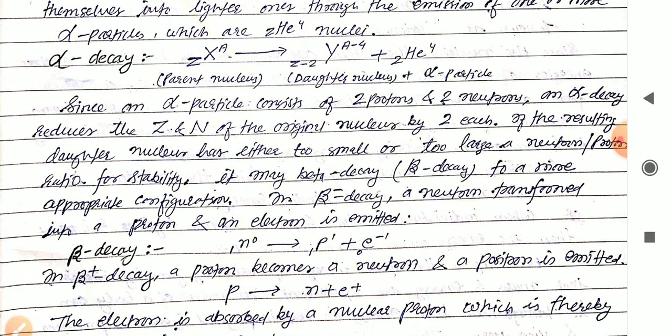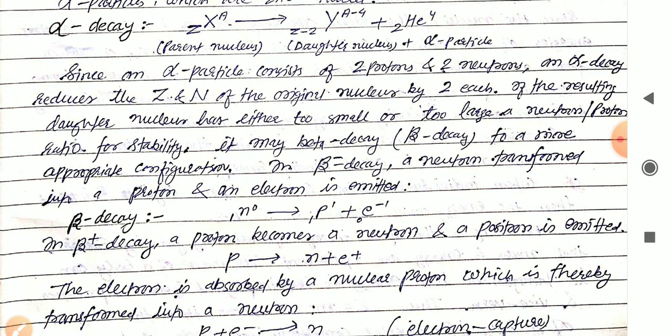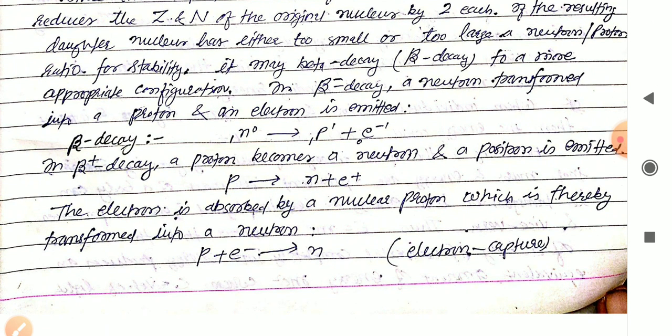You already know about alpha decay, in which two protons and two neutrons are emitted, and in case of beta minus decay, one neutron gets converted into a proton and emits one electron, and in case of beta plus decay, one proton gets converted into a neutron and emits one positron.